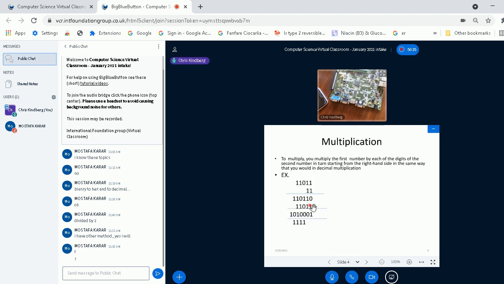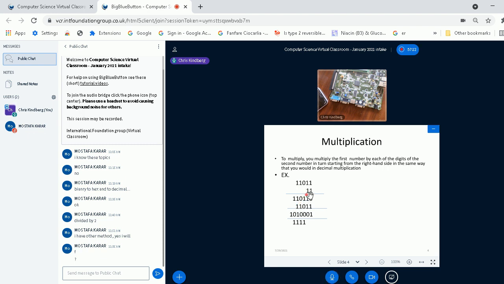Multiplication. Again, you align the two numbers to be multiplied in this way. I'm going to start with the rightmost digit here. 1 multiplied by 1 is 1. 1 multiplied by 1 is 1. 1 multiplied by 0 is 0. 1 multiplied by 1 is 1.